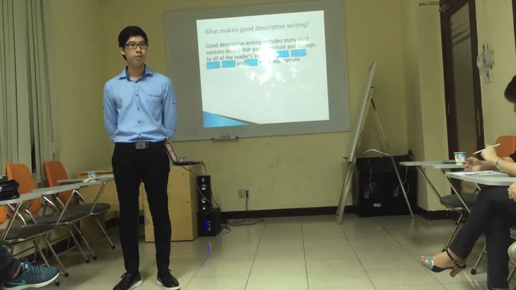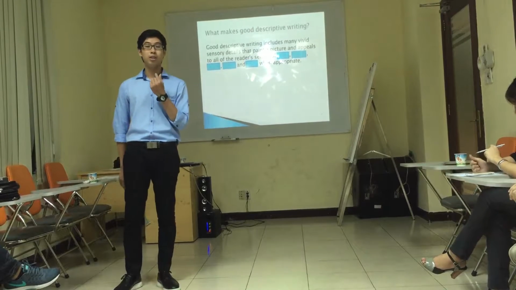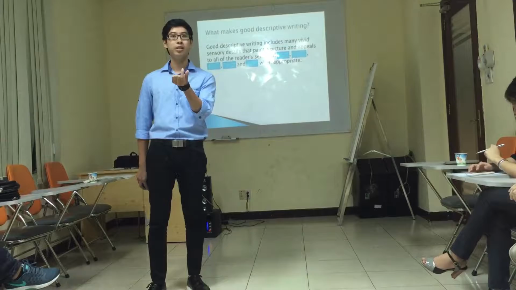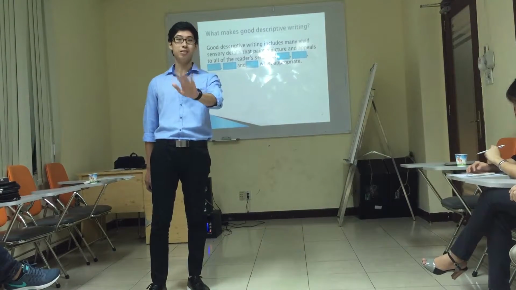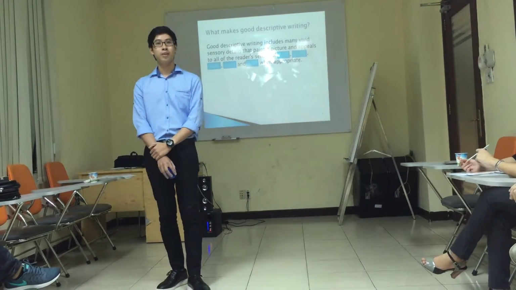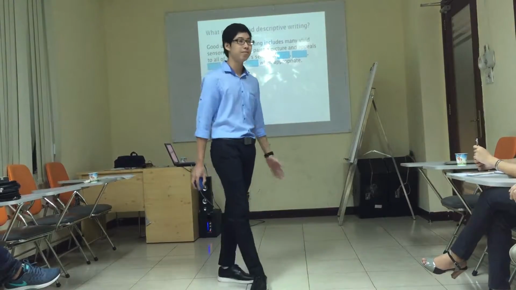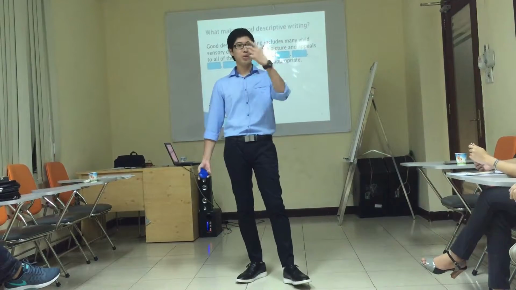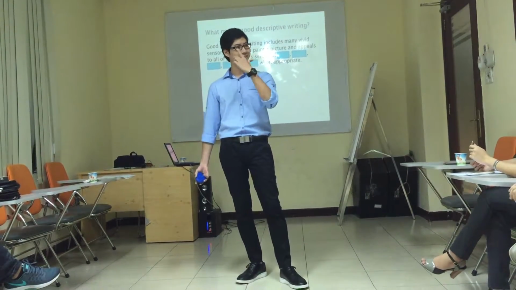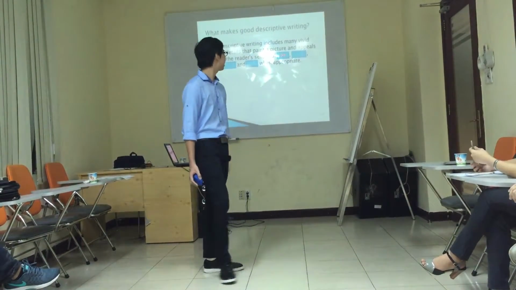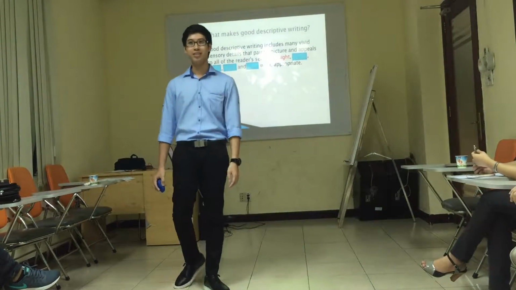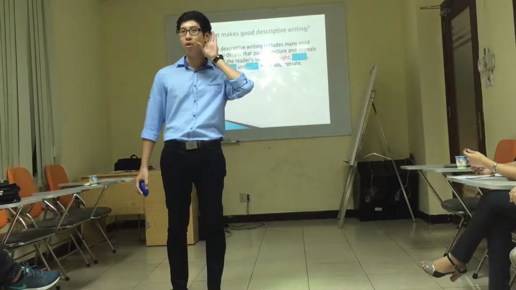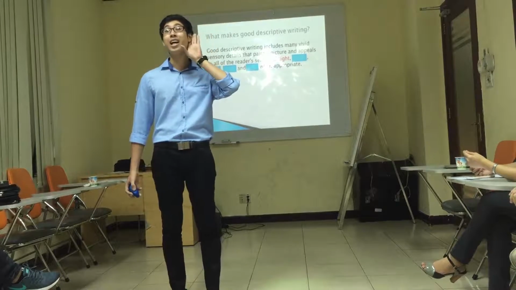Now let's move on to the next part about the structure, about what makes good descriptive writing. Like I said earlier, we need to apply the details. But also in descriptive writing, we have 5 senses, which we call sensory details. So please name the 5 senses of a human being. First one, if we see something, we call it the sight. Perfect. Next, when we hear something, we call it the sound.